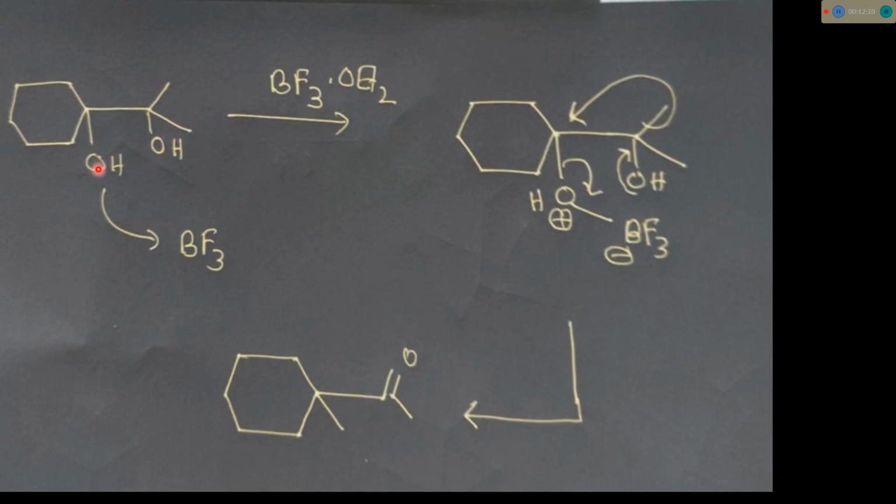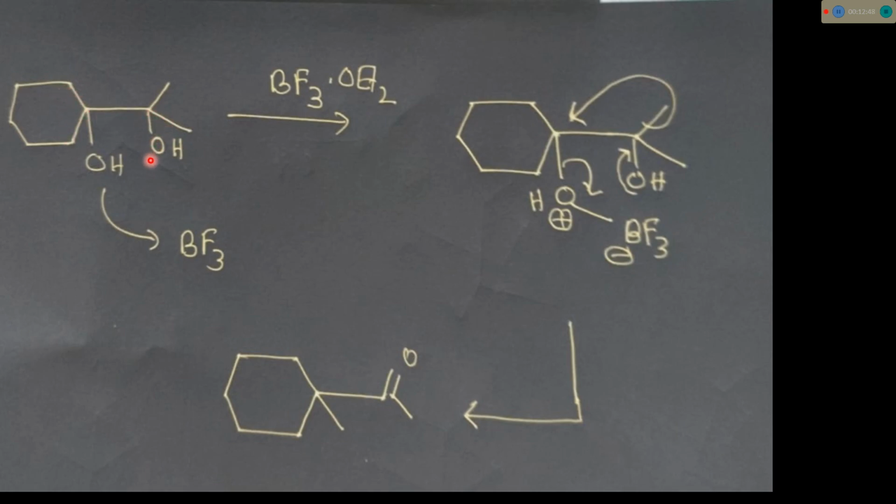But in this case, the lone pair of this oxygen atom is not shielded as much as this OH group, because there are 2 hydrogens, 4 hydrogens, but these are in a ring, and that ring is a rigid ring. So these hydrogens are in the ring.